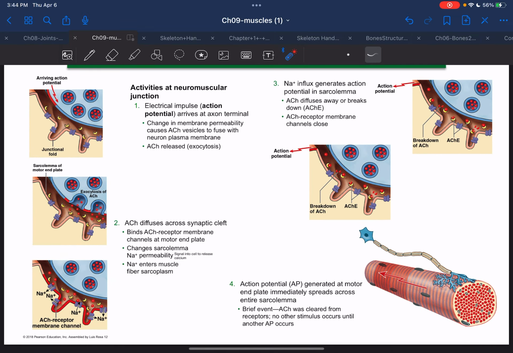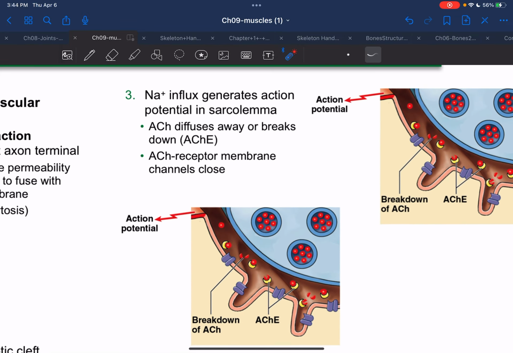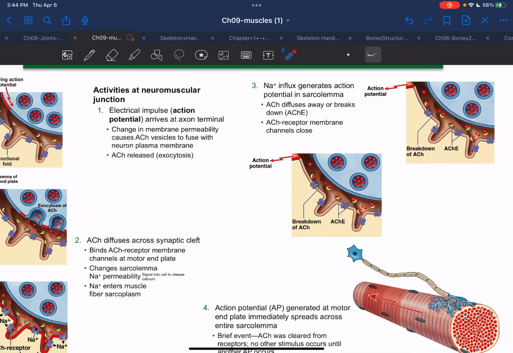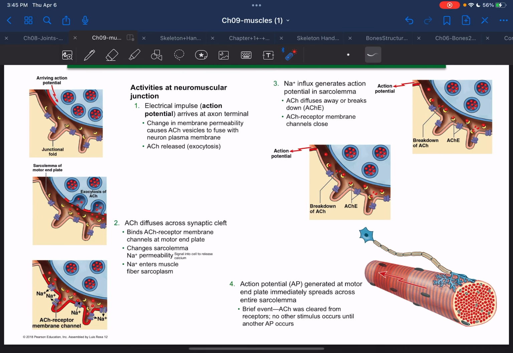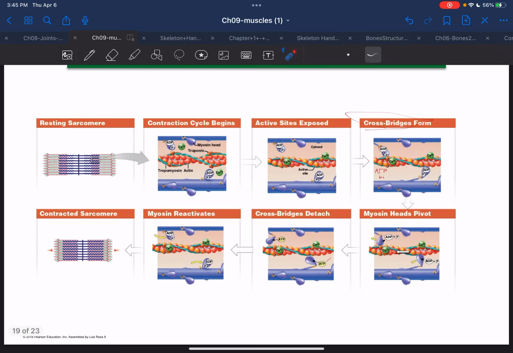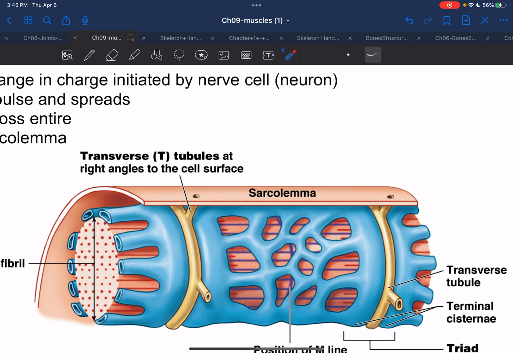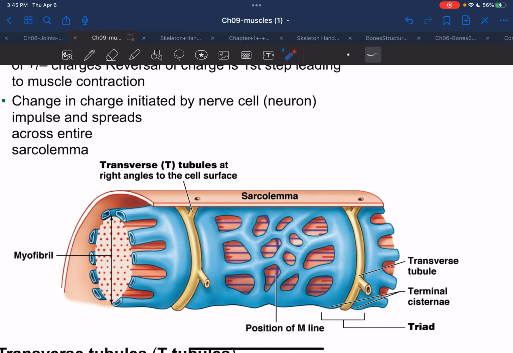And now, once that sodium flows in through the sarcolemma, and I'm going to have to sort of break from this order here because I just want it to make sense, that's the trigger for our T tubules. That's the trigger for these tubules.